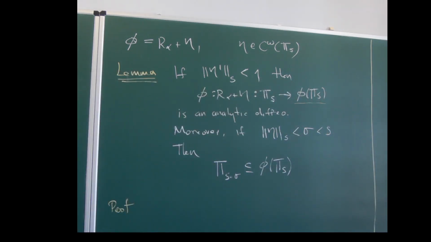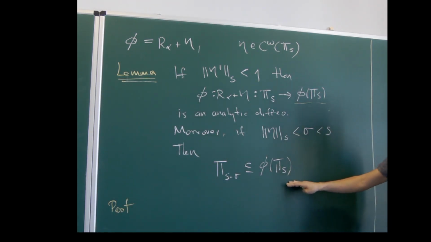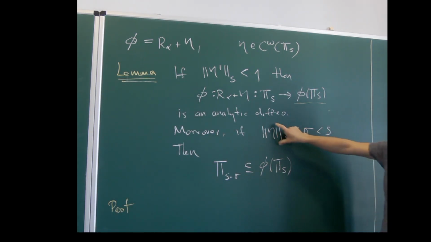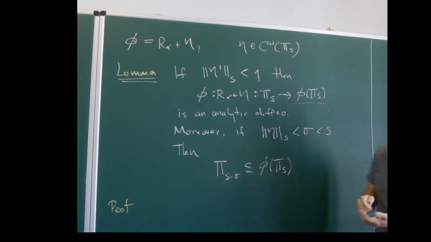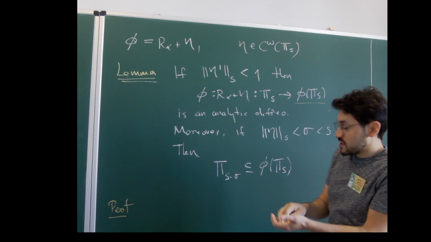I can show that the derivative is always different from 0 and is injective by the same arguments. So I won't do this part. I just wanted to convince you that this is true: if this is small, then this happens. And this you can see in the picture with the complex strip.